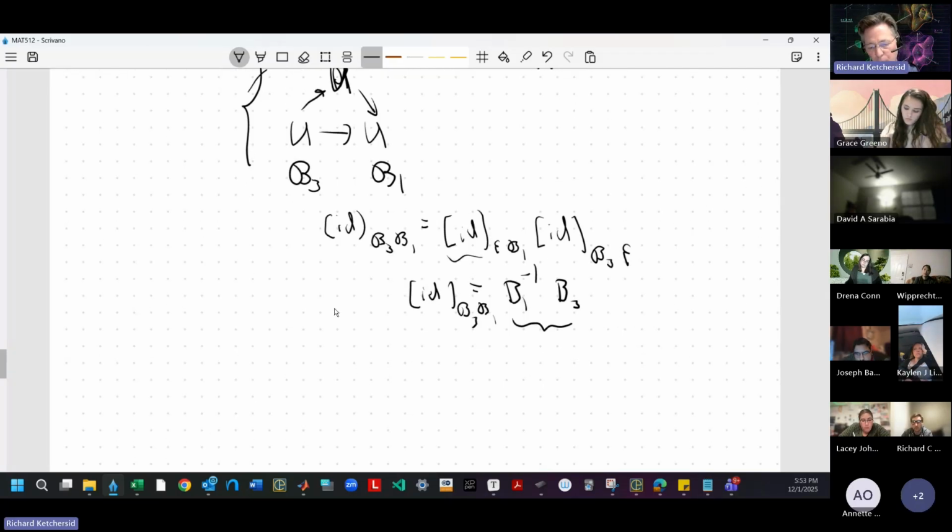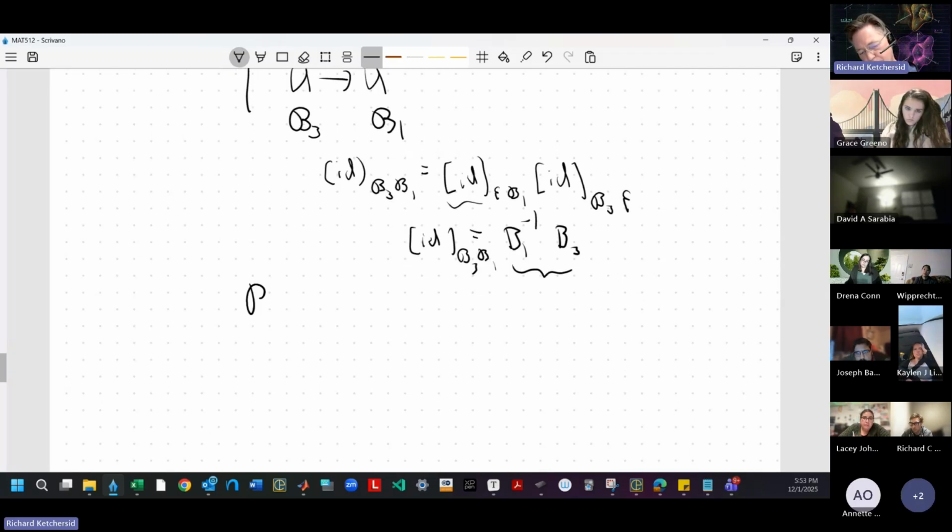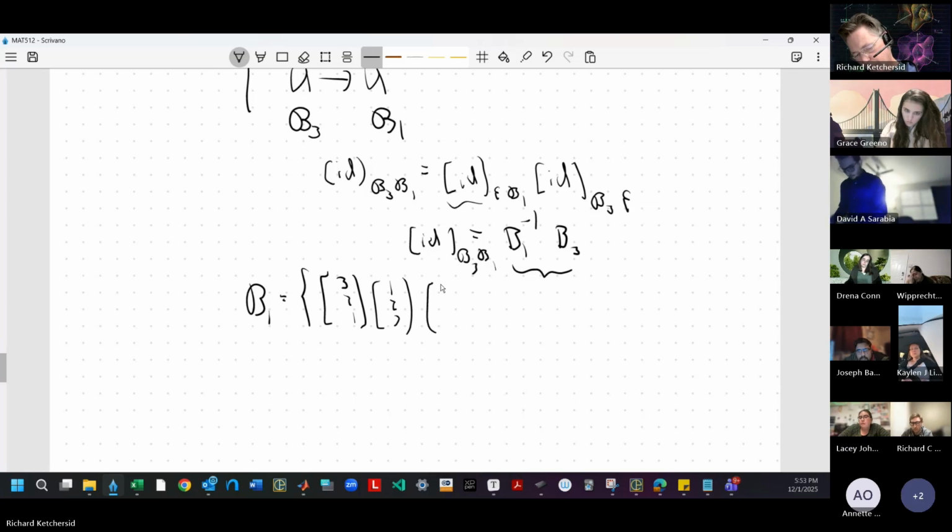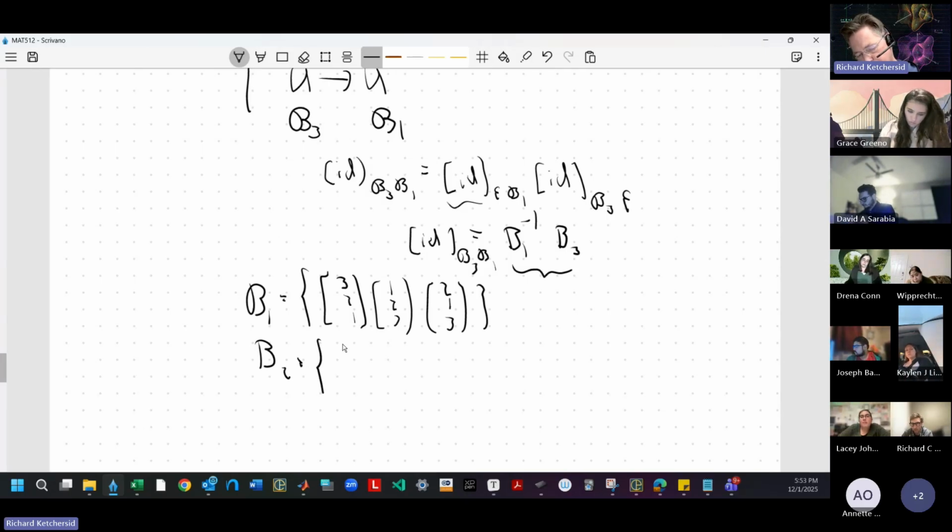Okay, and to be more specific, right? So if my B1 was this one, and my B2 was this one, I'm trying to use this notation where I'm using the same sort of notation for everything, which is either good or bad.